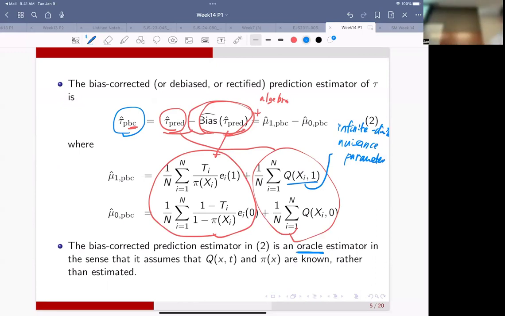Sometimes in machine learning, or in other literatures, like the faculty member at Stanford, they use this device. Some even in machine learning and computer science call it rectified. But the point is just a bias correction.